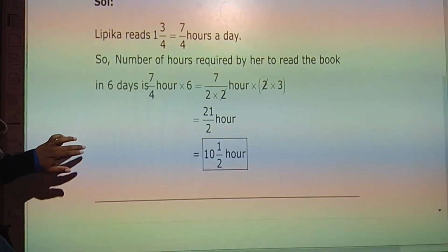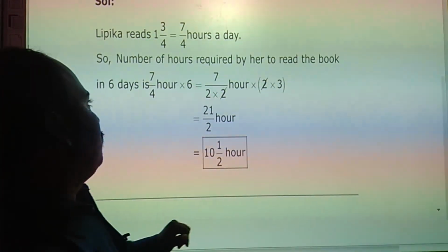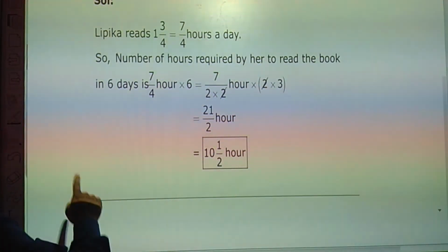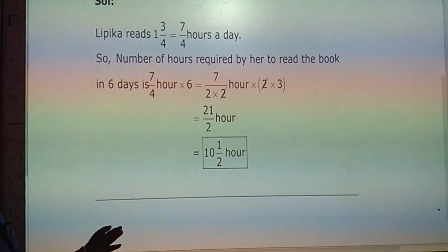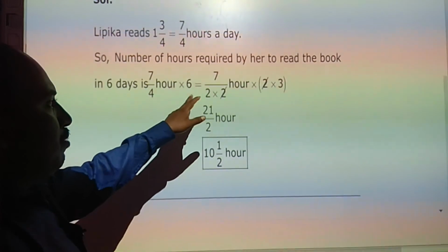So, number of hours required to read the book. Total days 6 days, and the hours are 7 by 4 per day. 7 by 4 into the number of days 6.